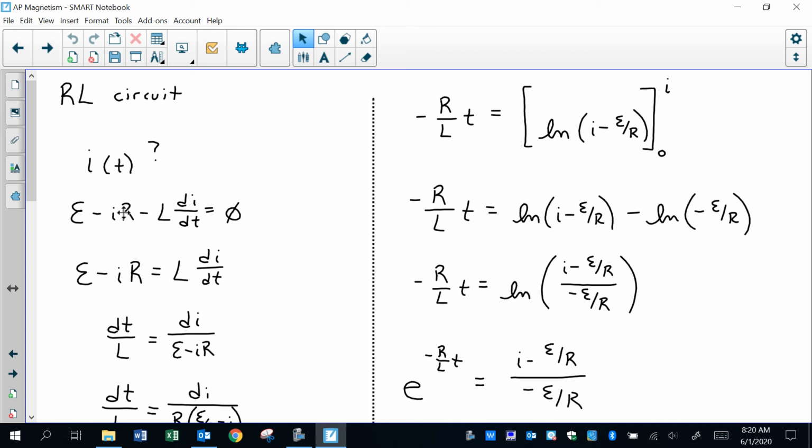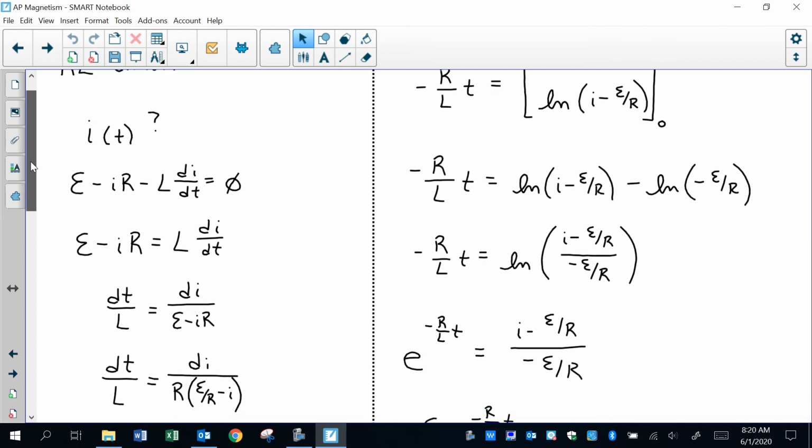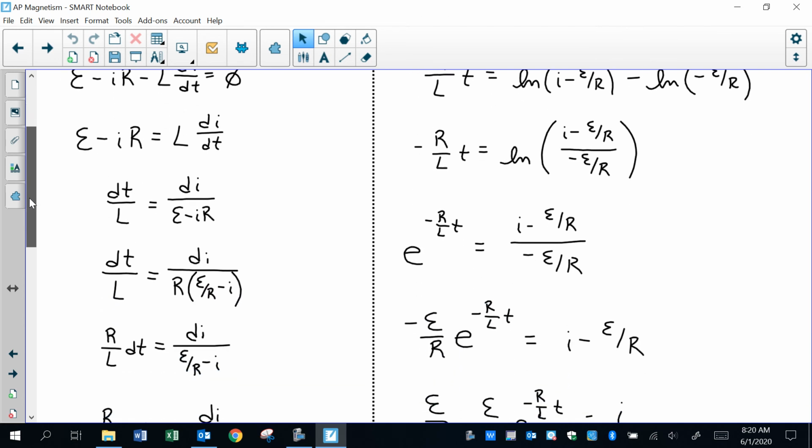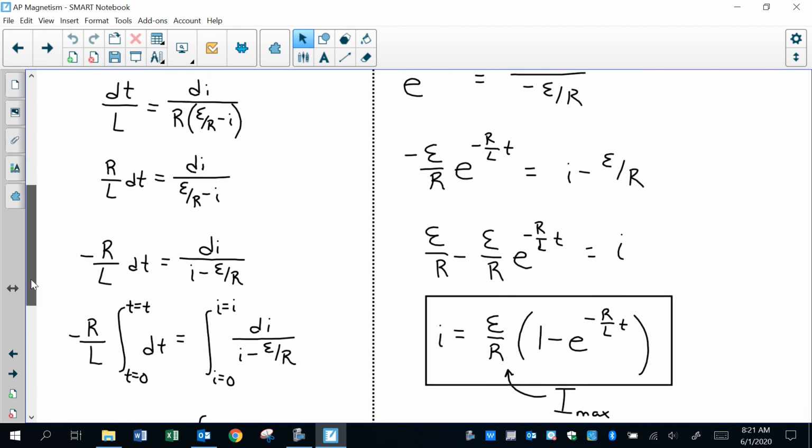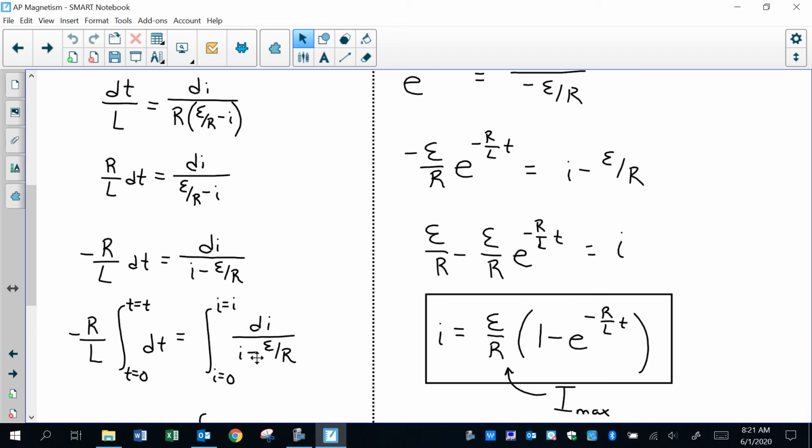So we've got our Ohm's law, we've got our inductor, and what we're going to do is try to get all of our I variables together. We've done that up until this point right here. We want to simplify that, so we continue down, and we've made our I variables as simple as we can right here.